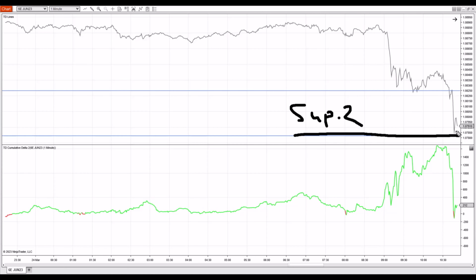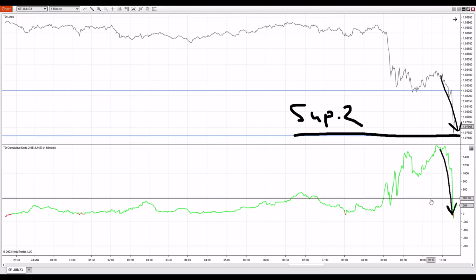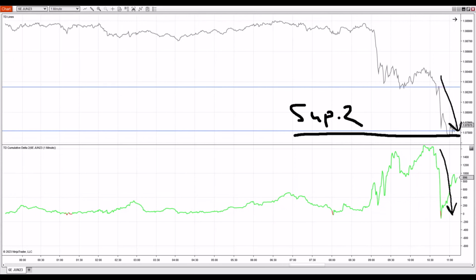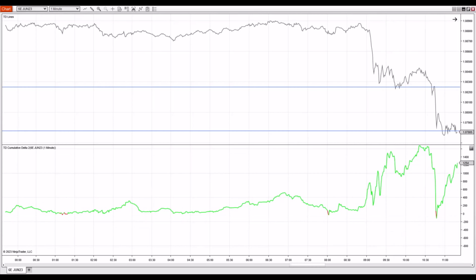The price is heading towards that level. Delta is also dropping, so no confirmation yet. If I move the chart a bit, then as you can see, the price is rotating at the level, and at this time you are also watching the cumulative delta, which at the same time is showing you that aggressive buyers are in control.